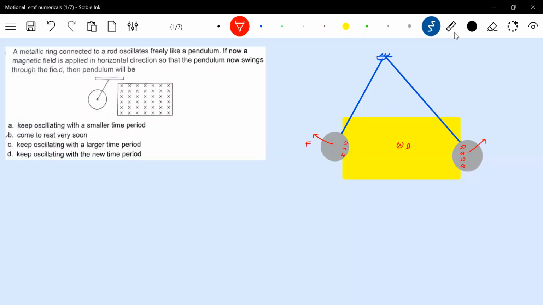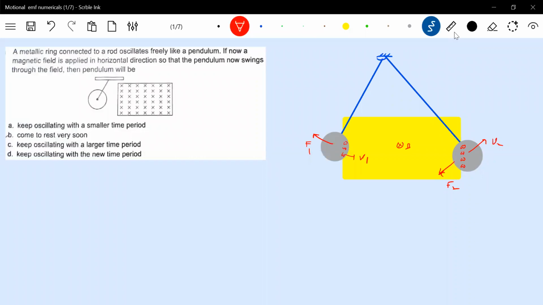Similarly here there will be a retarding torque. It will have a velocity v1, then velocity v2. There will be a retarding torque. I'm not showing the direction of induced current altogether. These F1, F2 are due to what? Why do we have F1, F2? They are retarding forces produced due to eddy current.